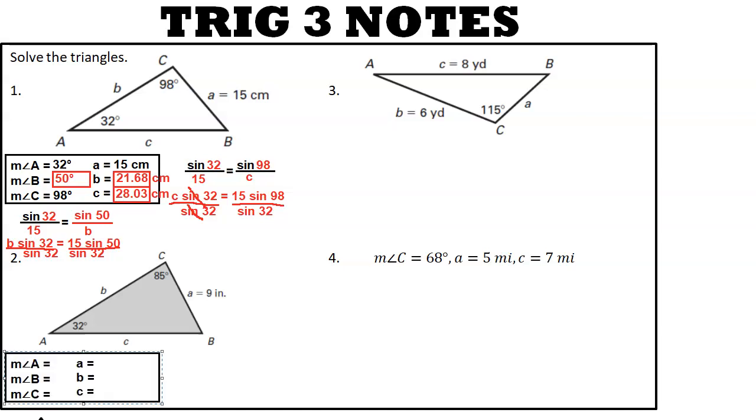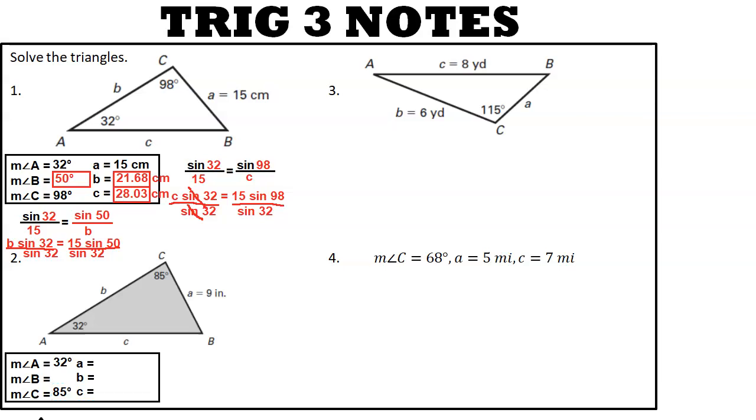All right, so through the magic of videos, I've thrown in our solving box. Let's lay out what we know and what we don't. So we've got a 32-degree angle here. Okay, we have an 85-degree angle here.